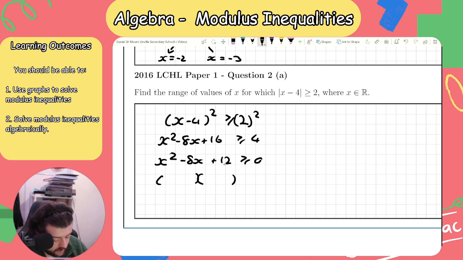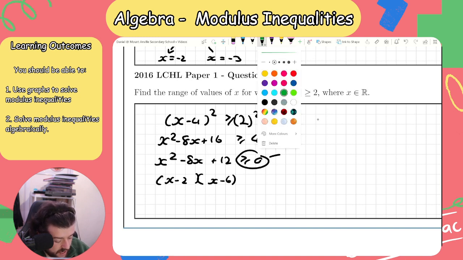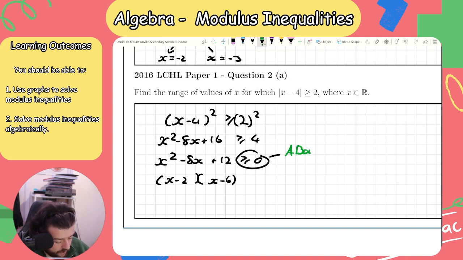So two numbers that multiply to get 12, but add to get minus 8. It's going to be x minus 2 and x minus 6. So I'm looking at greater than or equal to 0, so I'm looking at above the x-axis. So my roots here are going to be x equals 2 and x equals 6.